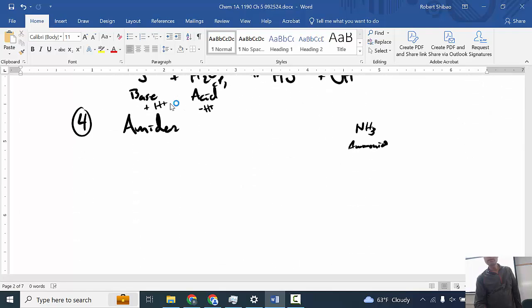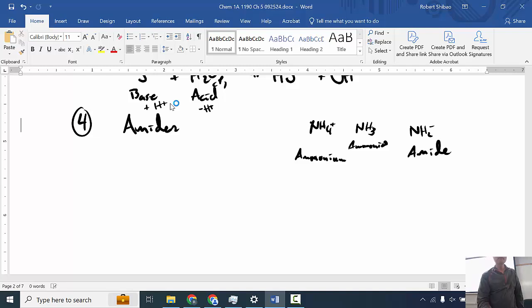Ammonia can act as a base and gain a proton to form ammonium. Or it could lose a proton to form what? Amide. So amides are NH2 minus.